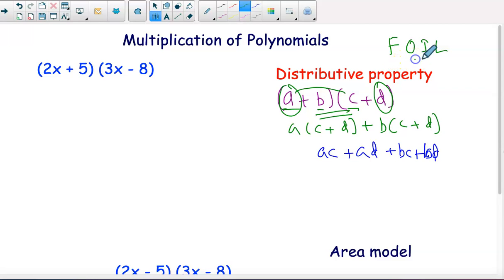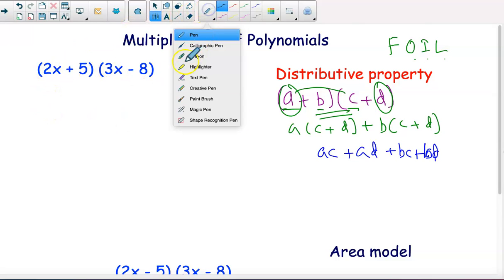First, outer, inner, and last. I'm also going to show you the area model, which I think is easiest compared to the distributive property. But first let us show you this traditional distributive property.